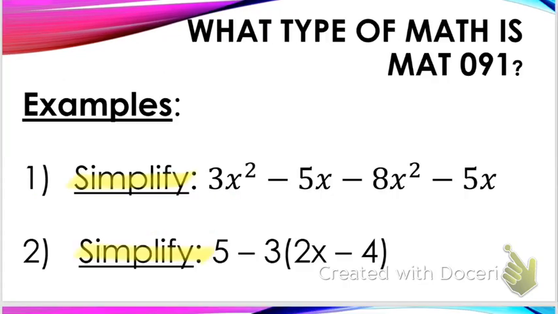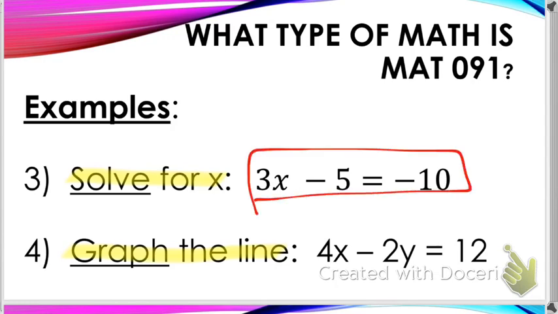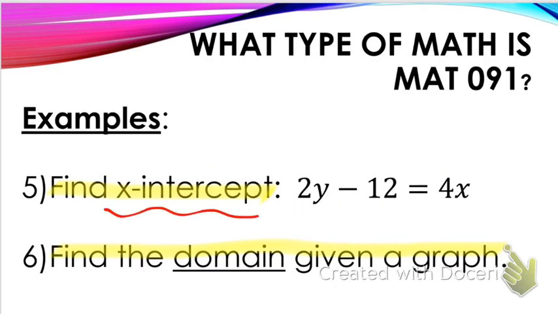So in Math 091, you're going to learn how to simplify expressions. You're going to learn about the distributive property. So you're going to be able to do problems like these. You're going to learn how to solve linear equations, so like this. You're going to learn how to graph lines, so that means slope, x and y intercepts, so you'll learn about that.